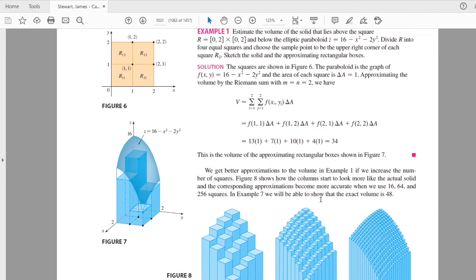I've got a surface represented by this portion of the elliptical paraboloid, z equals 16 minus x squared minus 2y squared. What we're really looking for when we do integrals is the volume that is contained below this curve, in this case along a rectangular region in the xy plane.